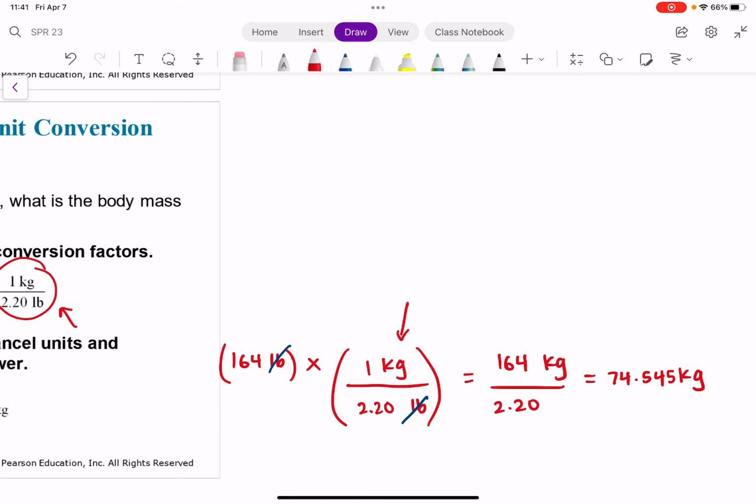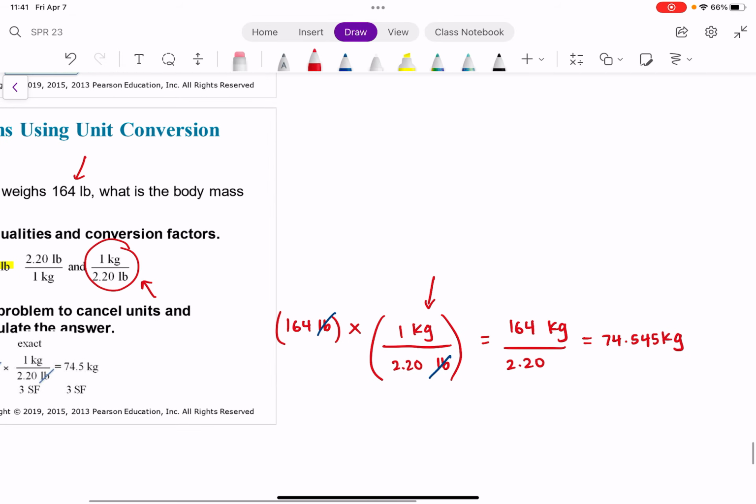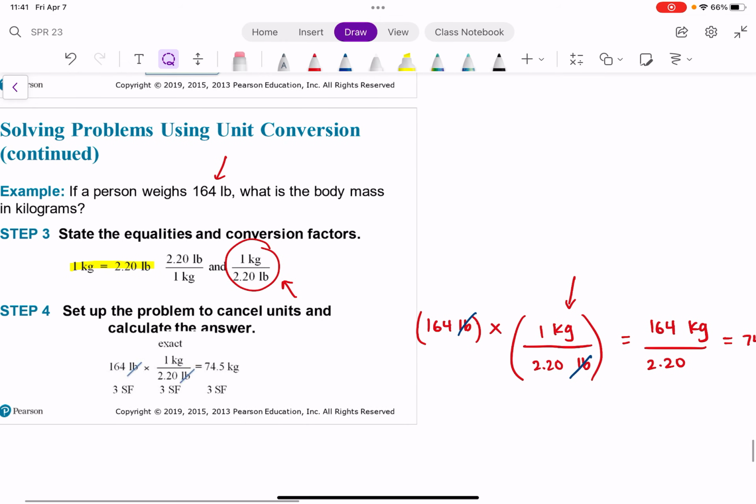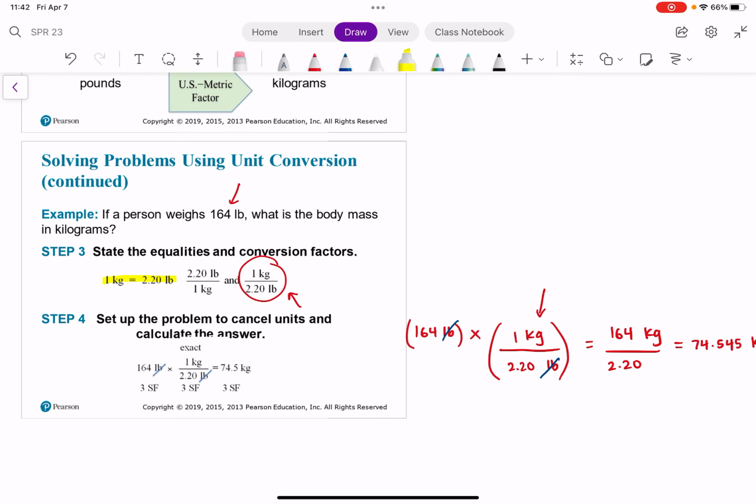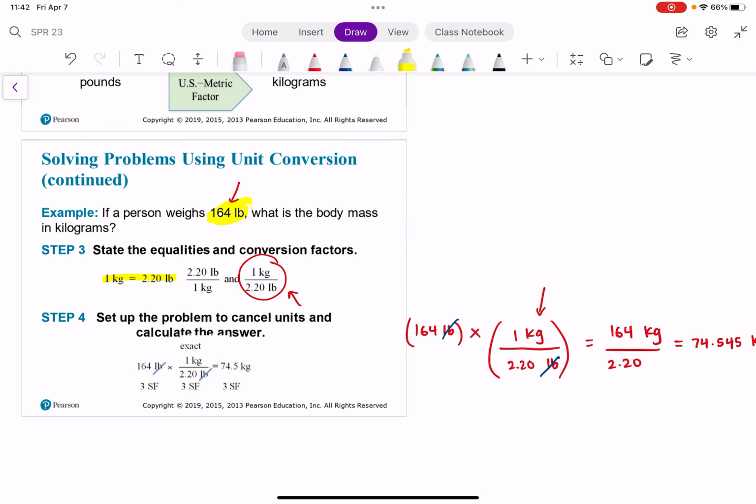Okay, so now what we want to do is make sure that our final answer has the correct number of sig figs. In this case, the thing that was measured is the 164 pounds, right? This person got on a scale and the scale measured that they weighed 164 pounds. So we need to reflect the sig figs in that measured value.